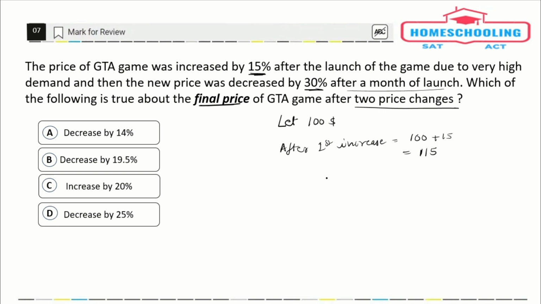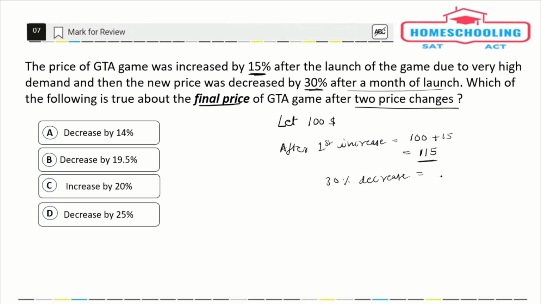Similarly, 30% reduced. Now this is your price, and in this price 30% has been reduced. 30% has been decreased after increasing 15%.